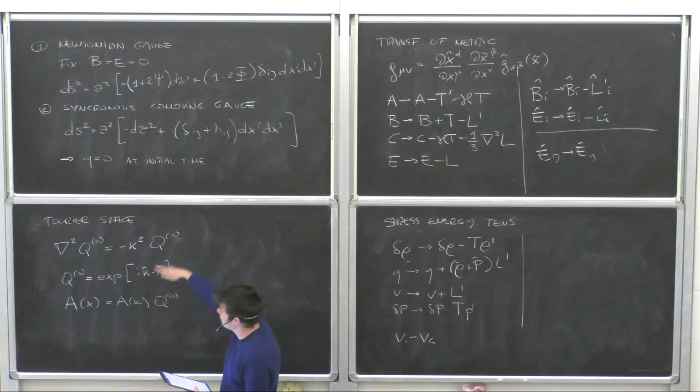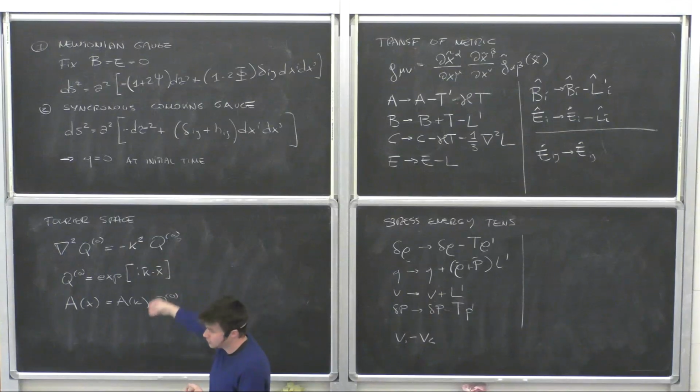Whenever we have scalar equations, the vector part of our scalar equations is always going to have gradients, and those gradients are going to play nicely with our Fourier transforms.